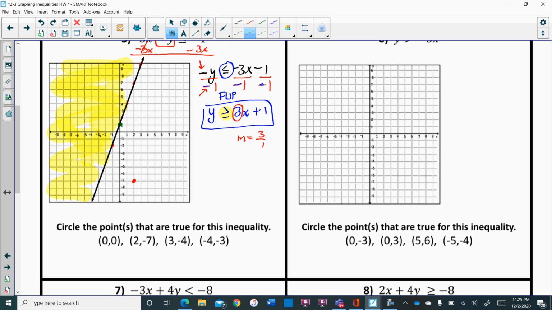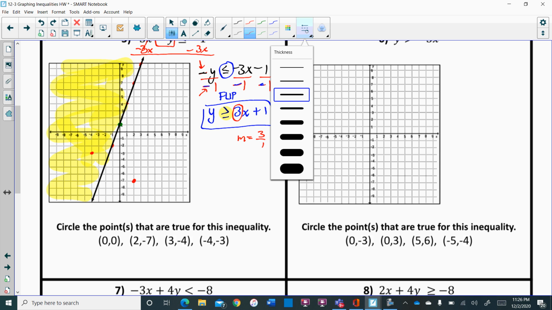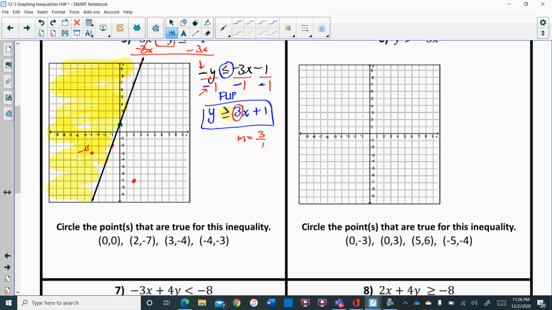And now if I look at negative 4, negative 3, that puts me here. Man, why is this font bad? Negative 4, comma, negative 3. I don't know if you can see that. So this is the only one that is actually a solution, or makes the inequality true. It's true when it's in the shaded region. It's false when it's not.